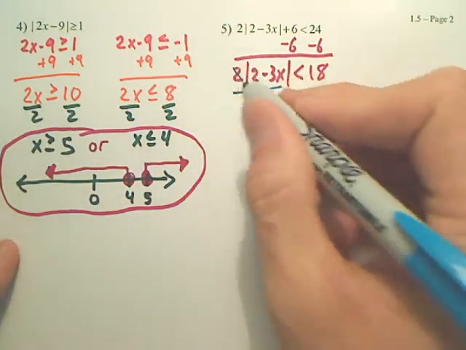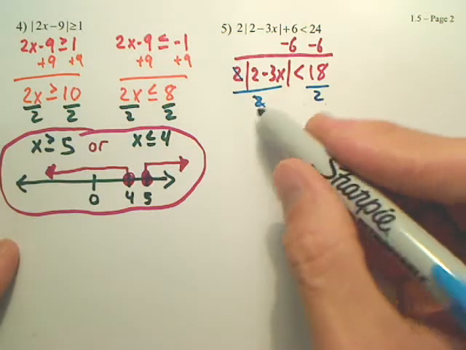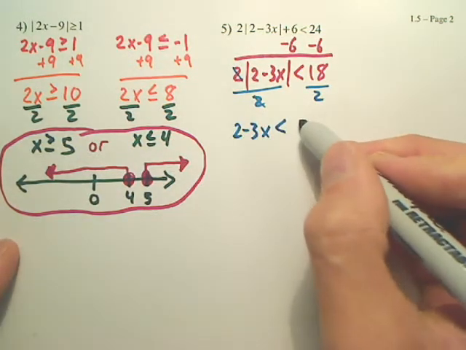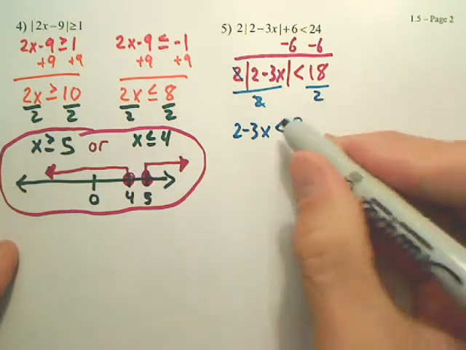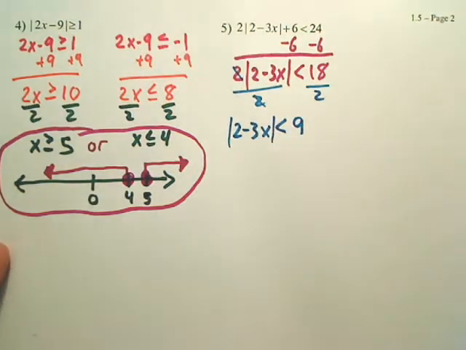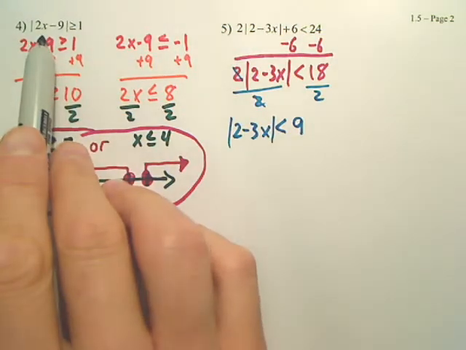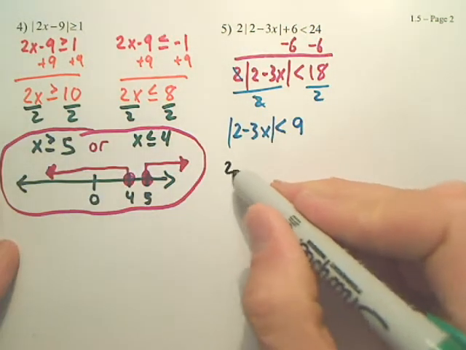Divide by 2 to get rid of this. Don't drop the absolute value yet. What's next? Does this look like this? So create our two problems.